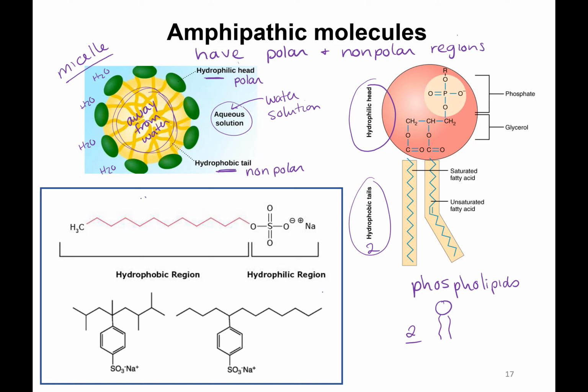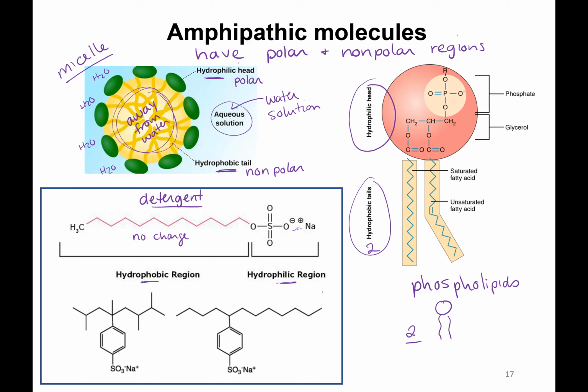Other amphipathic molecules that are really important in our life are detergents. And detergents have a hydrophilic region. You can see there's a charge here, so it likes water, and a hydrophobic region, which is no charge, nonpolar. And so the way that you get that grease off your hands, if you kept washing with water, all the grease is going to stay away from the water.